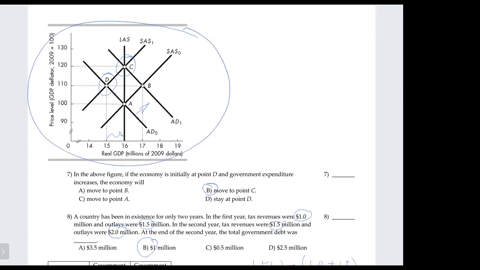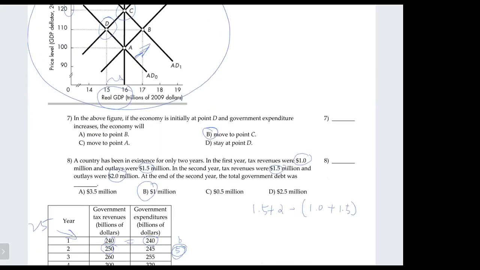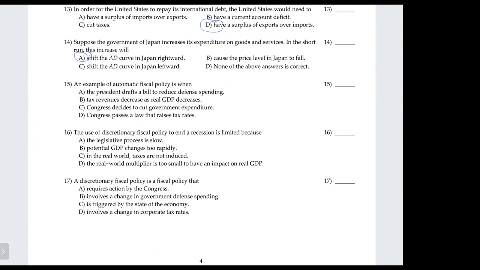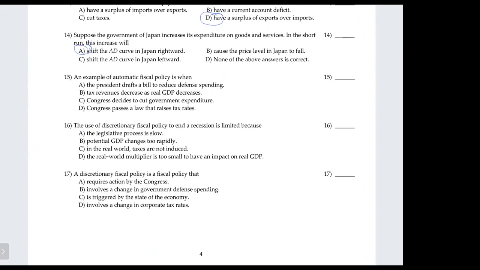If the government of Japan increases consumption expenditure, increases purchase of goods and service, this curve shifts up, and then GDP is going to increase, price is going to increase, right? So this is 14. 15. An example of automatic fiscal policy is when, okay, so the answer is B. Tax revenue decreases as real GDP decreases.